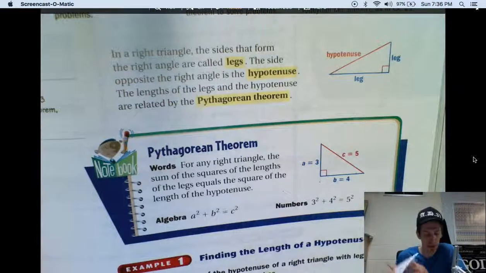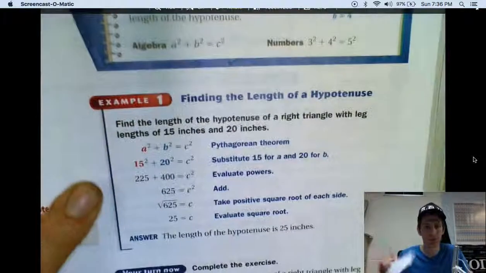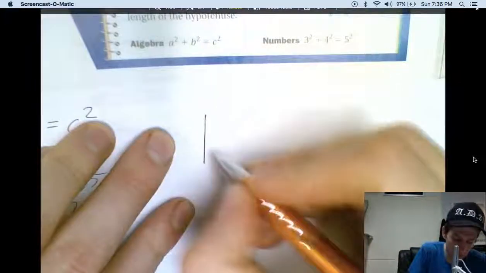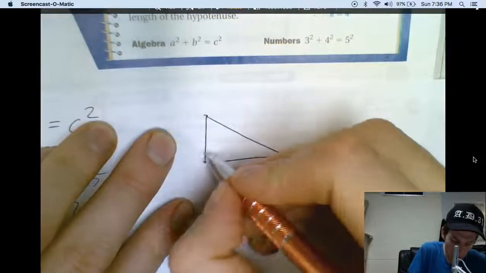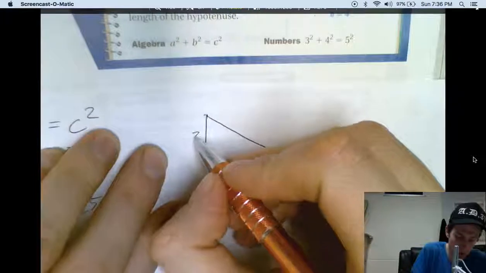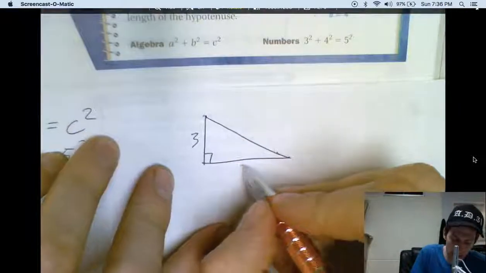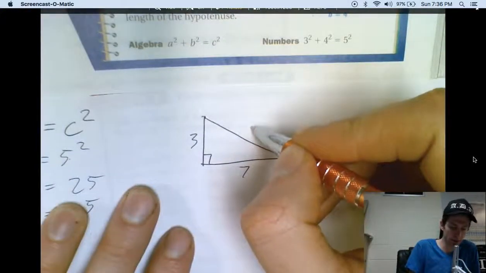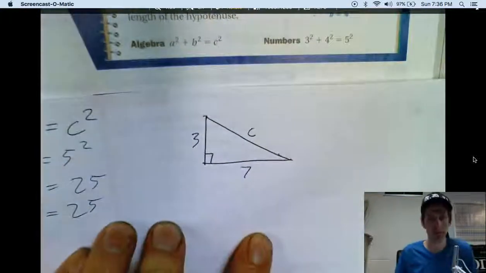But anyway, let me just give you a problem here. Instead of using theirs, I'll give you my own. All right? Right triangle, I tell you that this length is 3. This length, let's say, is 7. What is c? What is the hypotenuse?